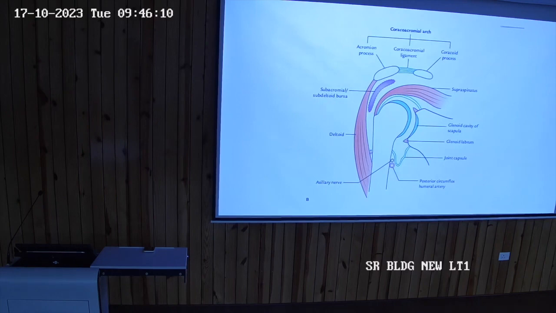After seeing this, let's see the various movements at the joint. Very simple. Flexion, extension, medial rotation, lateral rotation, adduction, abduction, circumduction. All these movements are occurring at this joint. But the problem is not solved. The teacher will ask you, okay, tell me the flexion is done by which muscle?